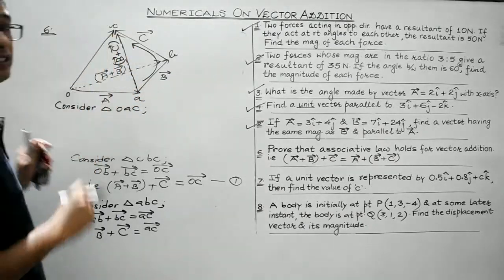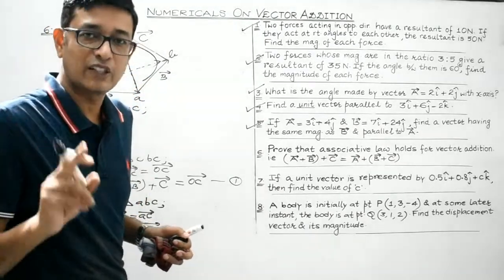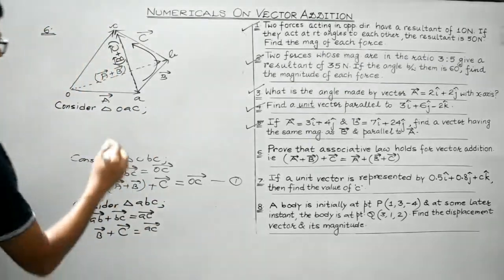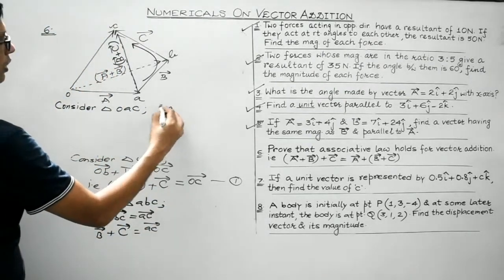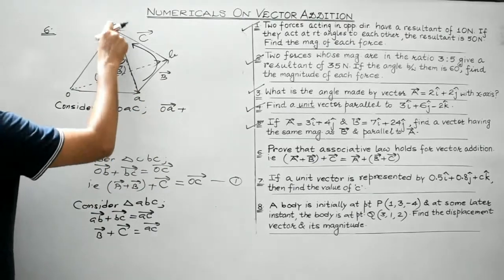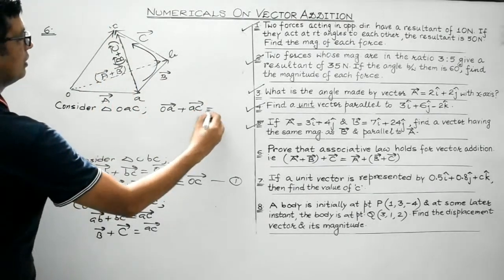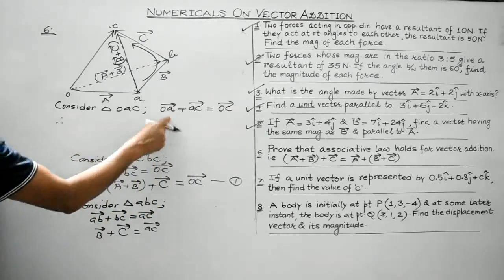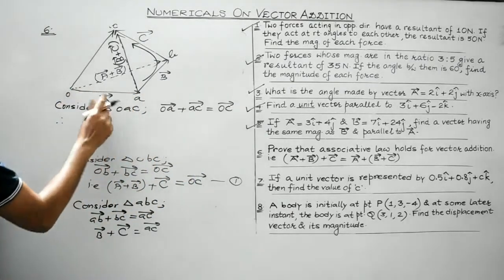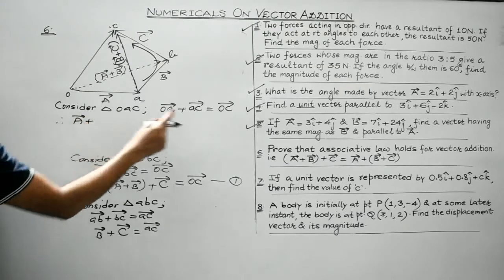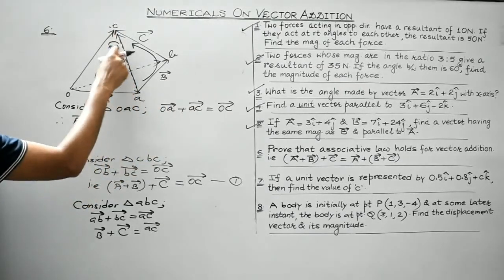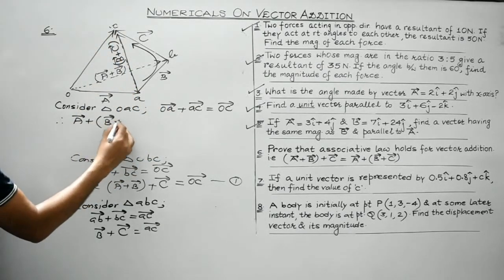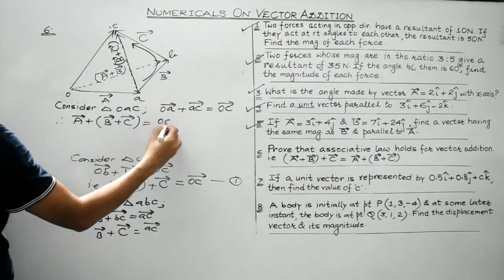The vector resultant is given by the third or the closing side of the triangle taken in the opposite order. So what you get is OA vector plus AC vector is equal to OC vector. Therefore, OA vector, that is A vector, plus AC vector, which is B vector plus C vector, is equal to OC vector. Put this as equation number 2.